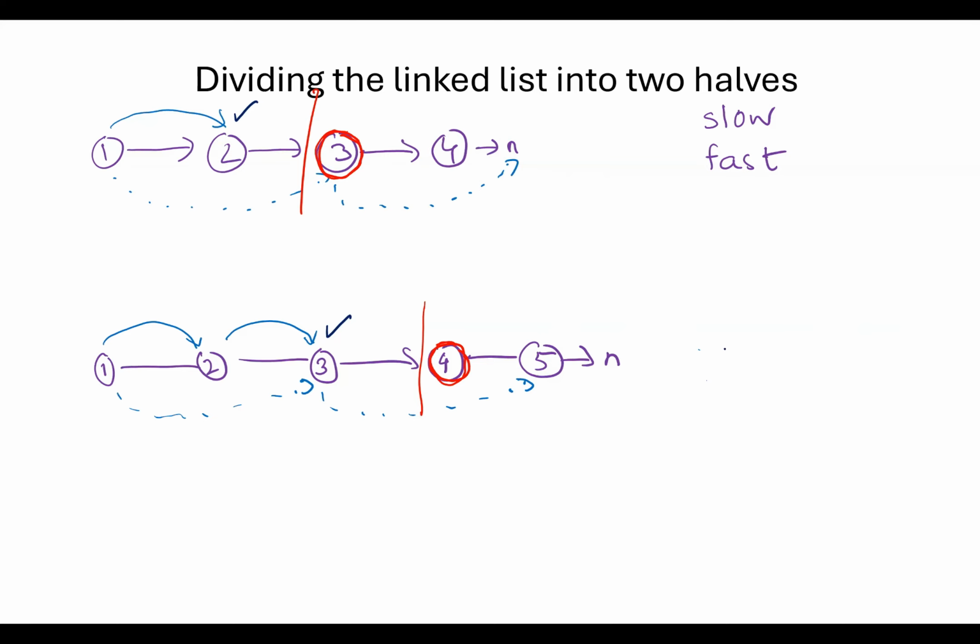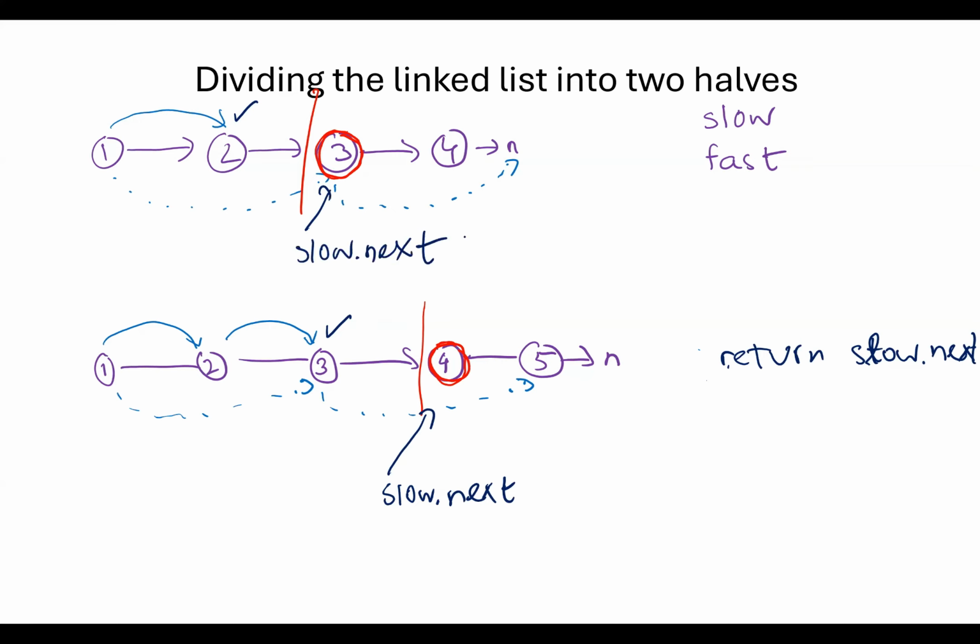In both of these cases, we can return slow.next. So this will be slow.next, and this is also going to be slow.next. Right. So if I want to stop when the slow pointer is here or here, what do I have to do?